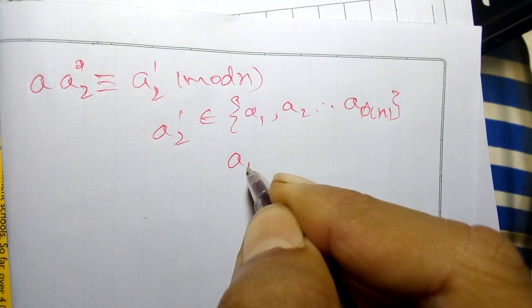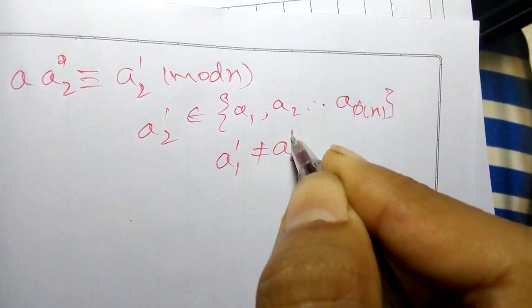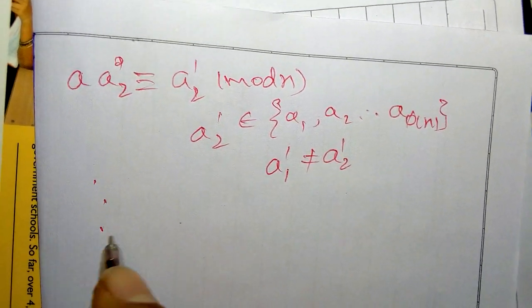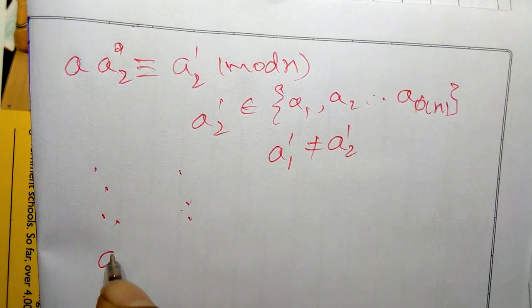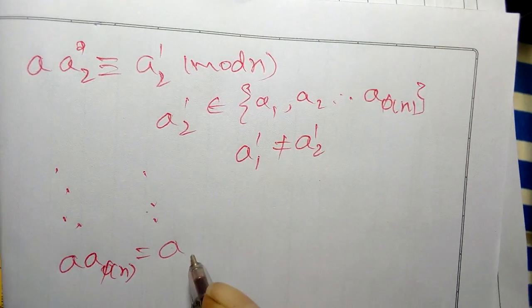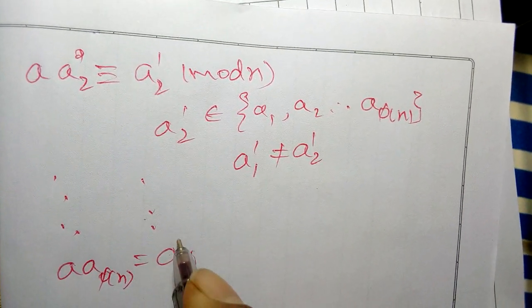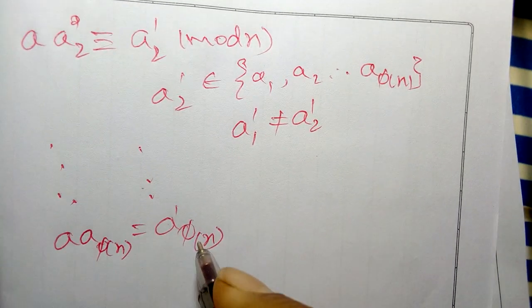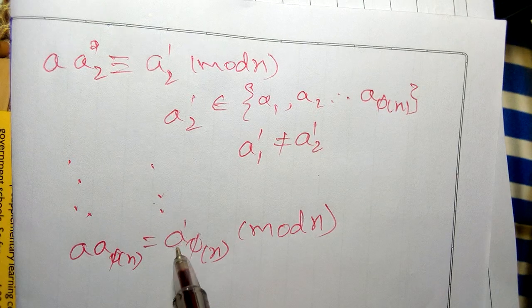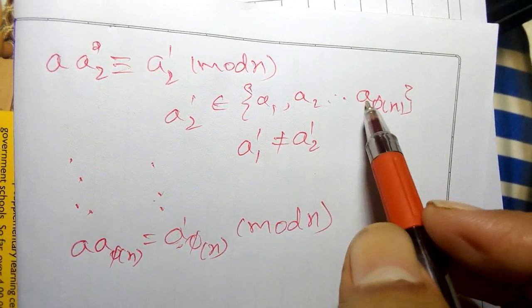But a1 dash is not equal to a2 dash. Similarly, if we continue this process up to a·a phi of n, we get a phi of n dash as remainder, and this also belongs to this set.